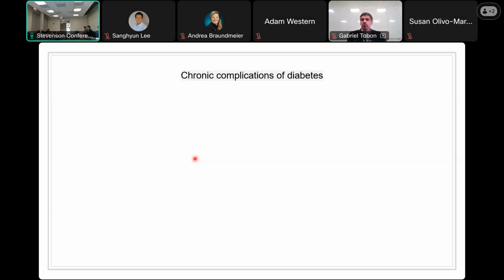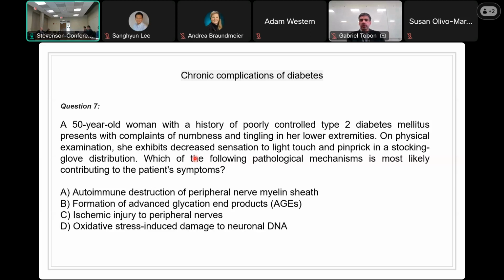Or we can move to more chronic complications using the same case or a different one with different manifestations. For example, a patient with neurological symptoms. Here we think about peripheral neuropathy related to diabetes, but we are asking about the pathophysiological aspects.